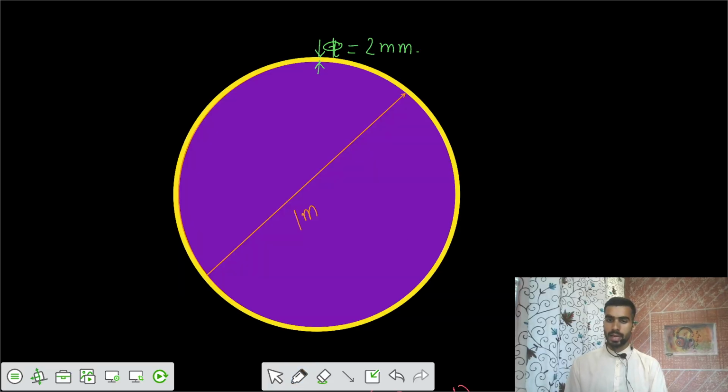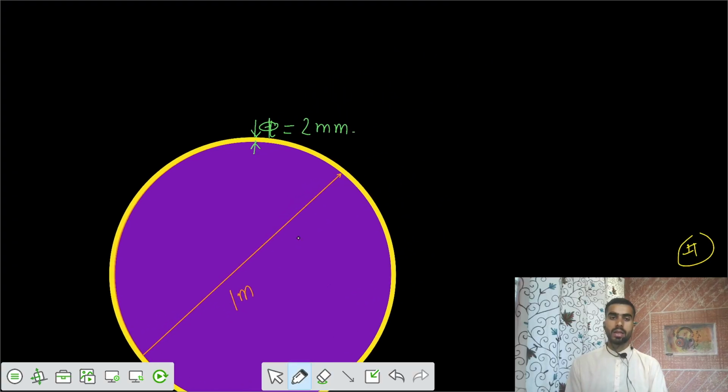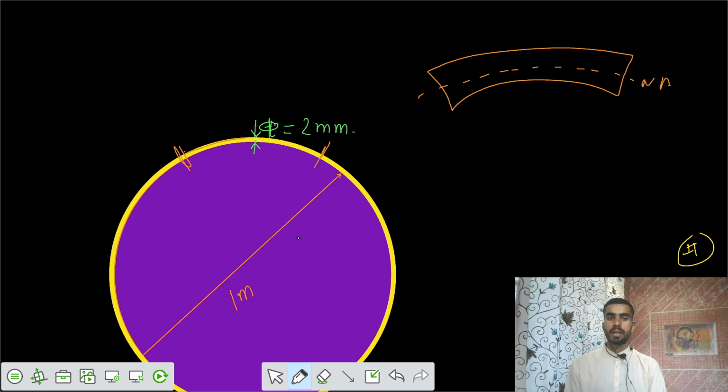So if your wire is wound around a circle, the wire bends in the form of an arc of a circle. Let's take this neutral axis. If you cut that particular section of the wire and analyze it, it's around a circle of radius r.